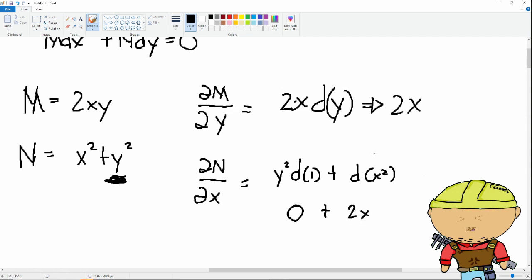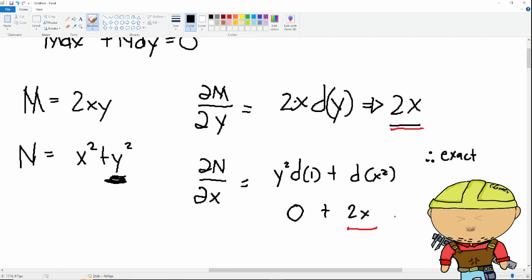Now you can see that the partial of M with respect to y and the partial of N with respect to x are both 2x. Therefore, we could say our equation is now exact. That is the test for exactness.